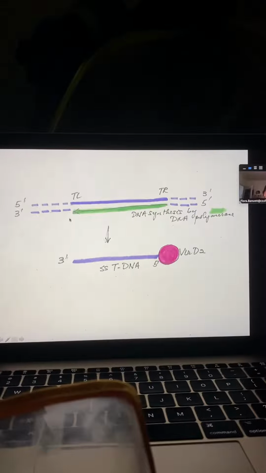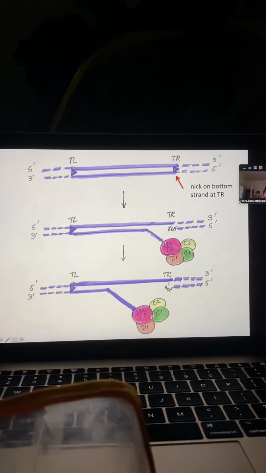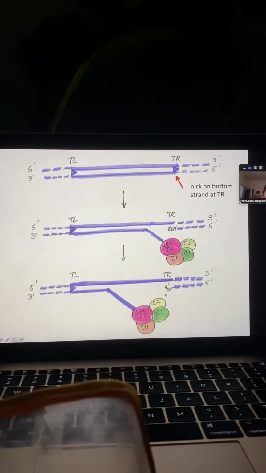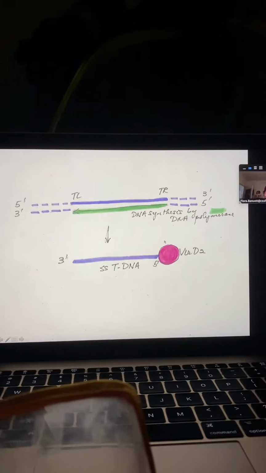Then when we get to this point, TL, this strand is cut, and the other proteins fall off earlier once the cut is made, and you have a single-stranded tDNA attached to VRD2. Okay? This is the molecule that is going to be transferred to the plant cells.